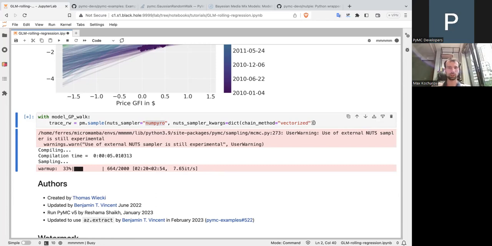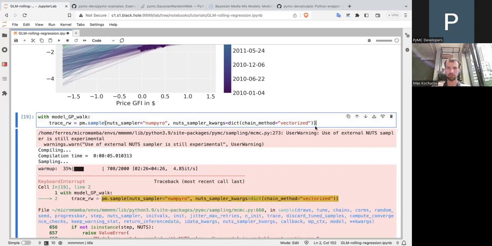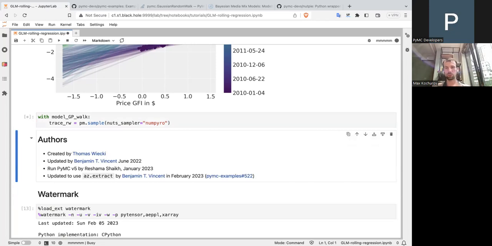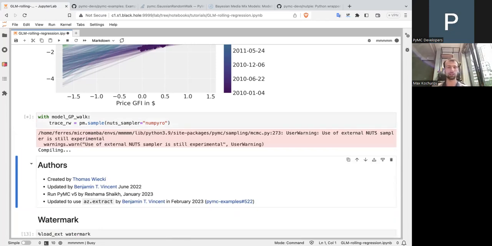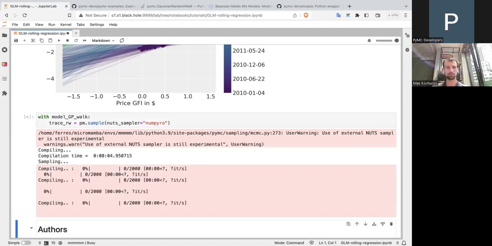So let's try a non-vectorized method and finish this. So maybe if we sample with 4 cores instead of just 1, we observe some speed up. Let's find it out. Oh, I think that was the reason why I switched to NumPy.